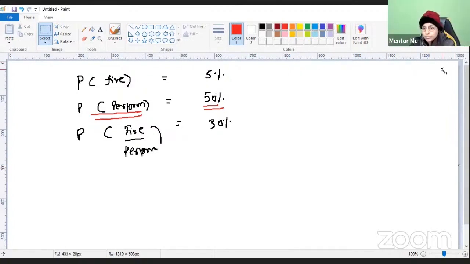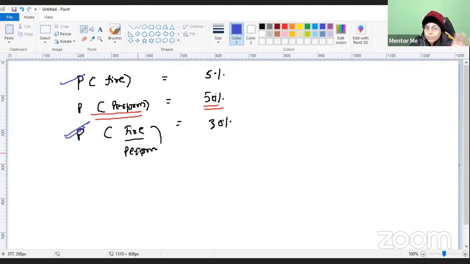अगर ये ट्री के थ्रू नहीं भी समझ आया, perfectly fine. Let's just focus upon the information that is given to us. So we are provided that the probability of getting fired is 5%. Probability of good performance is 50%. Probability of getting fired when performed is 30%. Okay. So if we want to calculate the combined probability of getting fired and performing, तो combined probability के लिए क्या करते हैं हम, joint probability निकालते हैं.